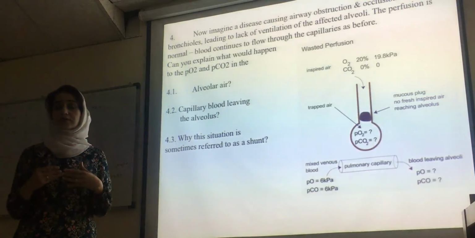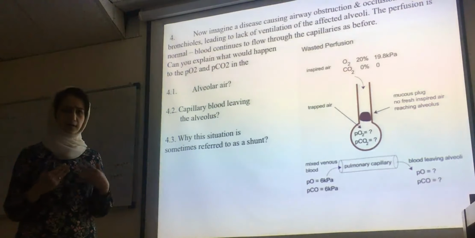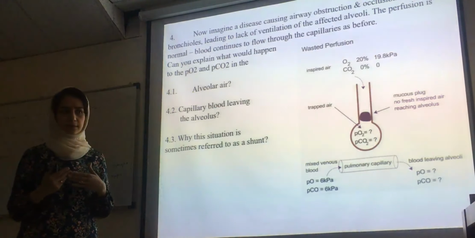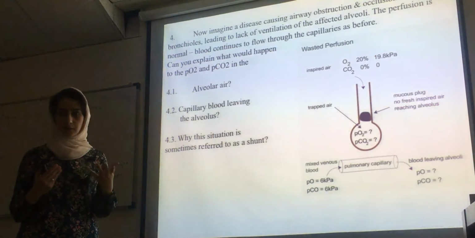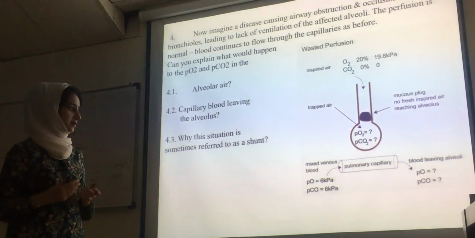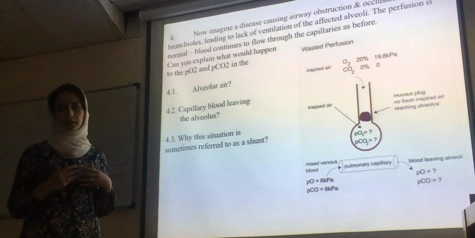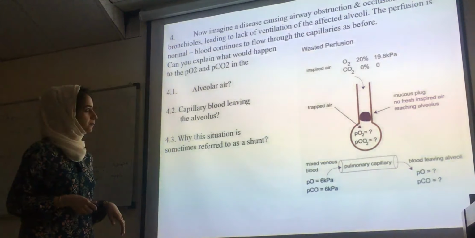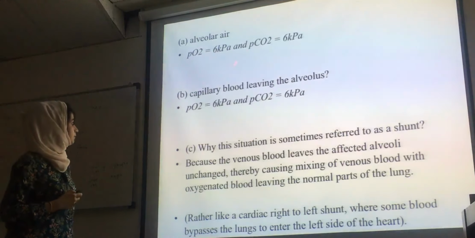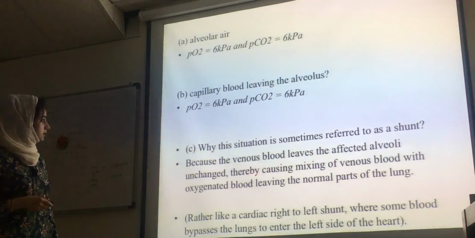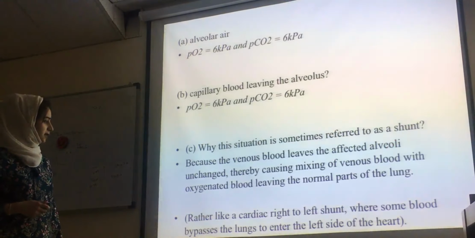So this is called shunt. This is like how we say shunt in the heart, left to right shunt. It is like that. So the oxygenated blood and mixed venous blood will be mixed. So these are the explanation.